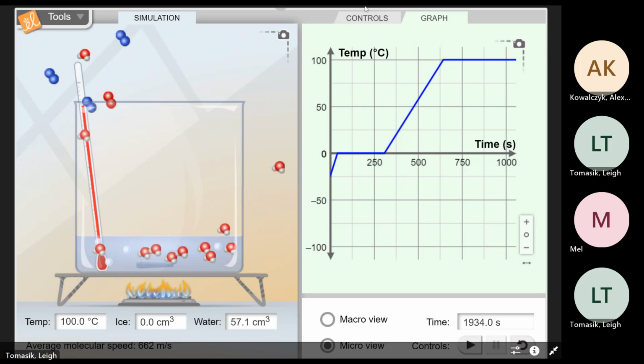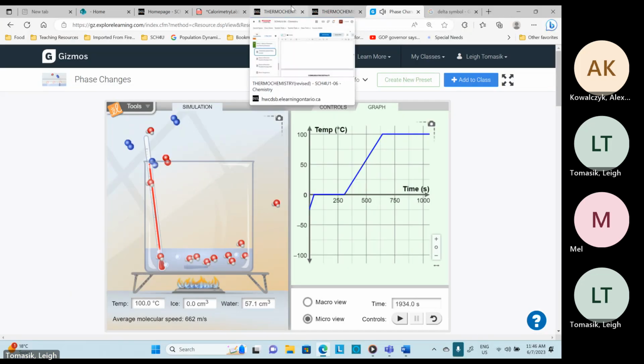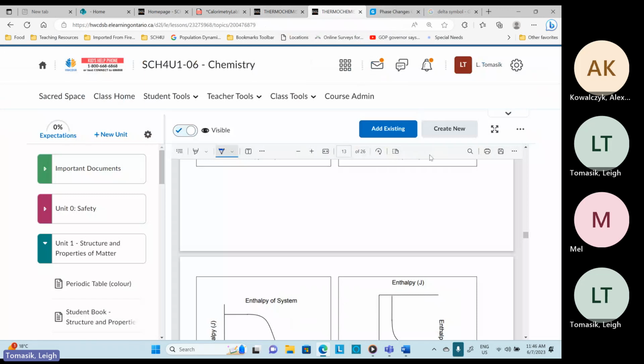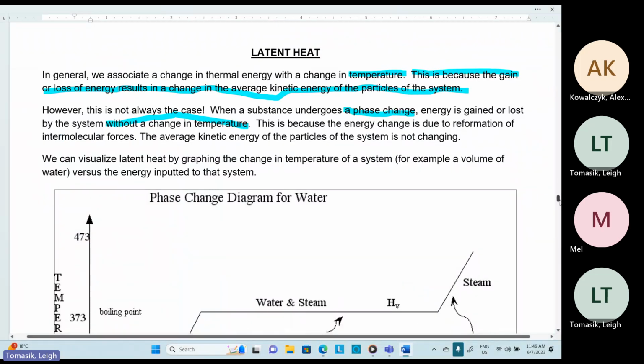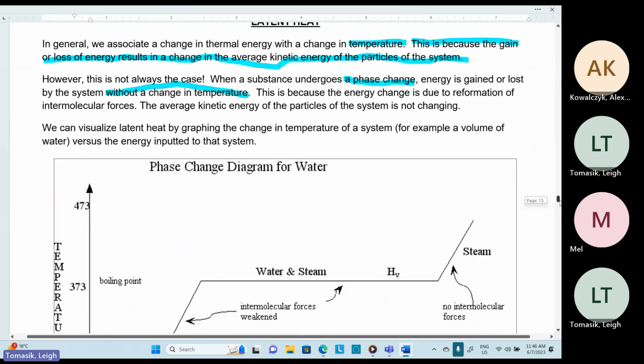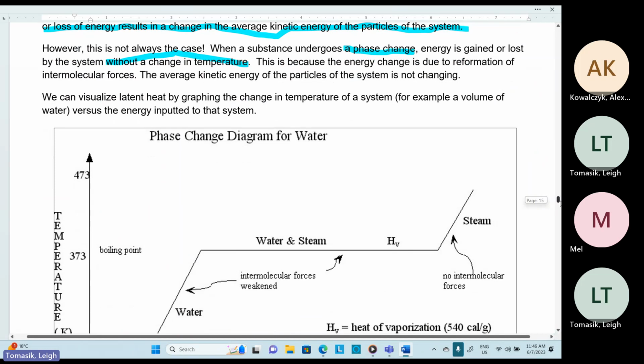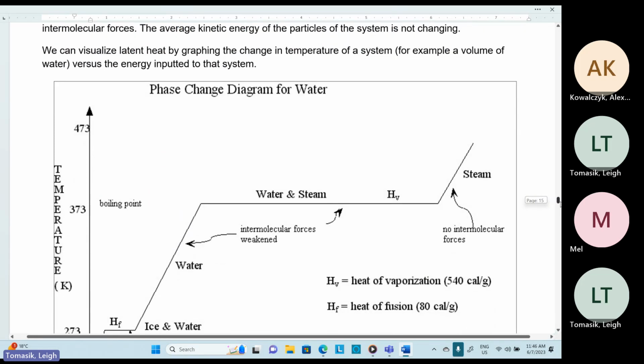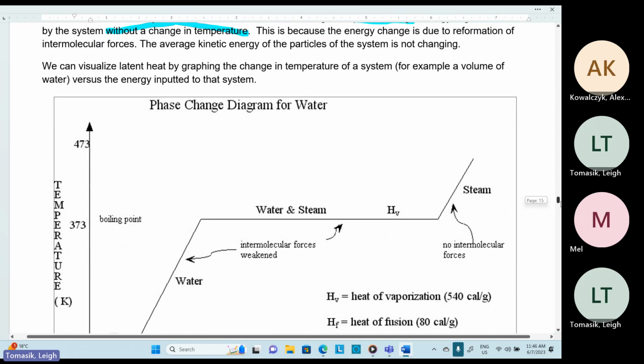So when we add heat to a system, it can do one of two things. It can increase the kinetic energy of the particles, which results in a change in temperature, or it can start weakening the intermolecular forces, in which case we have latent heat.